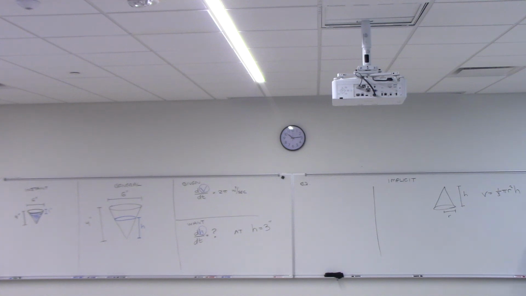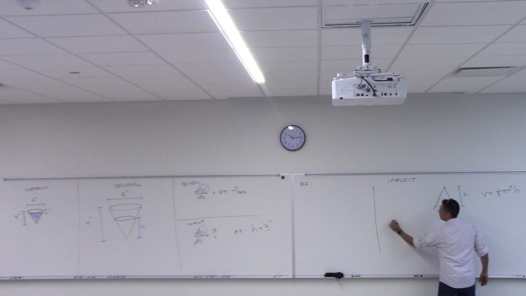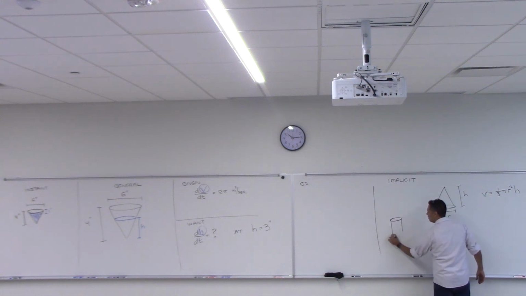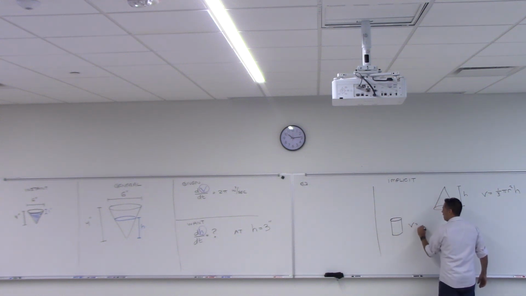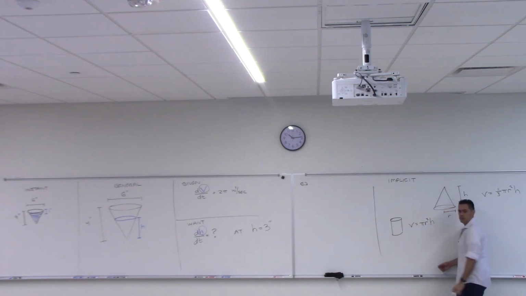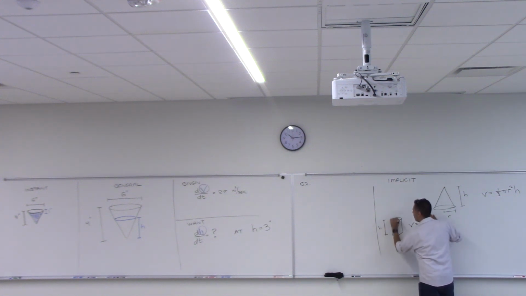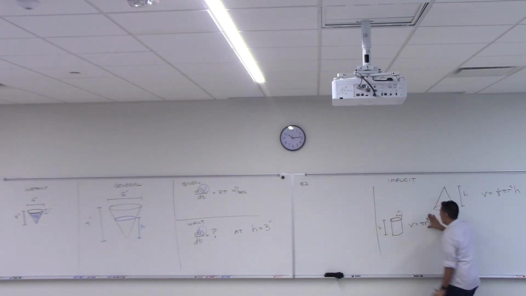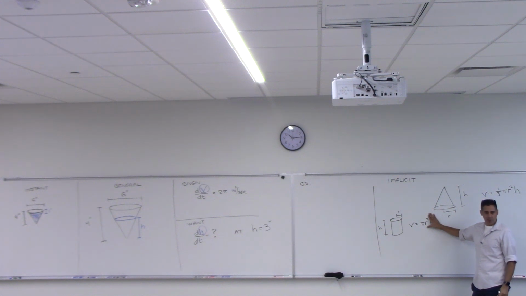Yeah, that's the formula. It's actually kind of cool because if you have a right cylinder, the volume of that is just pi r squared times h. Pi r squared is the area of a circle, right?